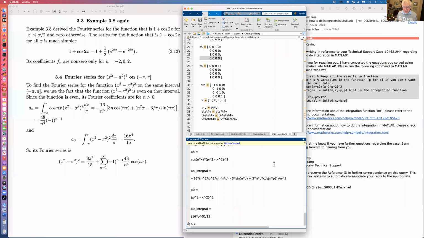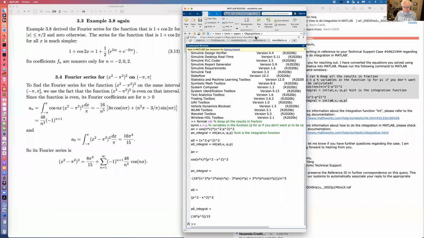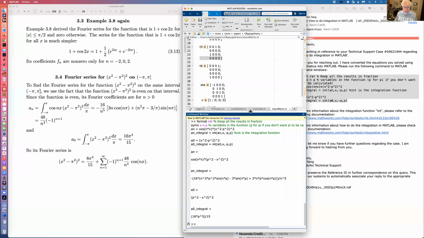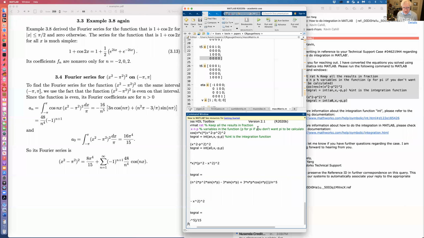What she told me to type in was this: format rat, to keep all results in fractions, syms x n p, so that's p for pi.